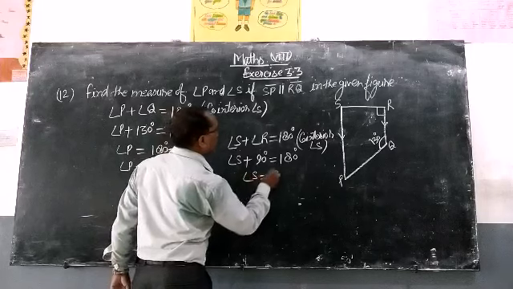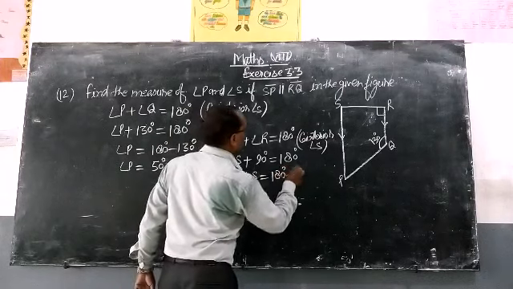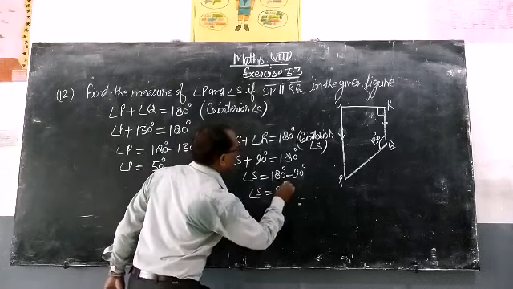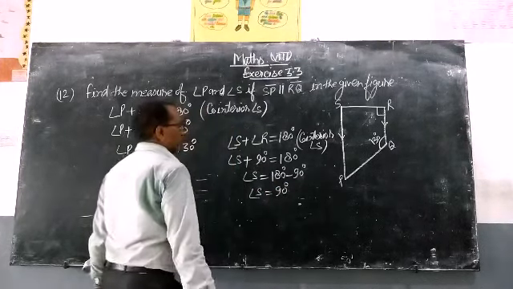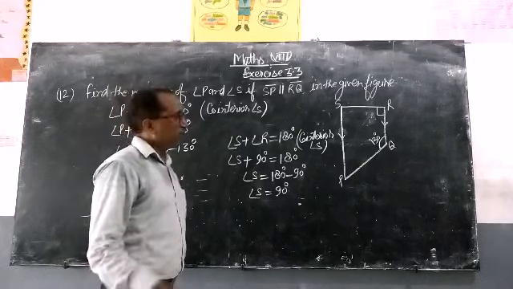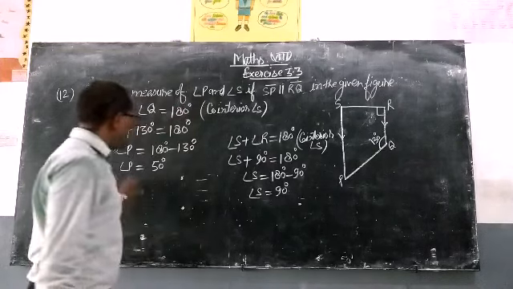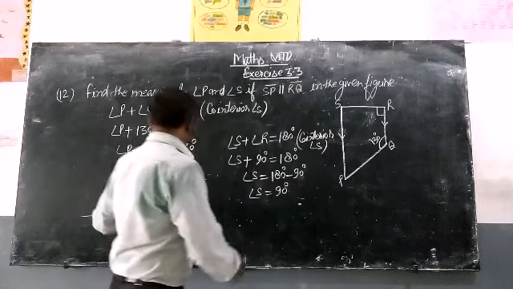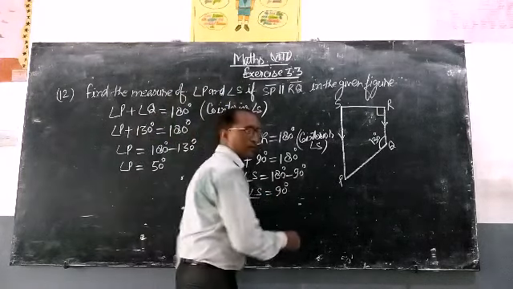Angle S is equal to 180 degrees minus 90 degrees. Angle S is equal to 90 degrees. Then we find out the values of angle P and angle S respectively. These are your answers. Okay.